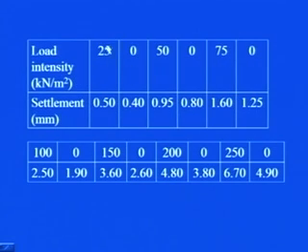You can see here that when the maximum loading intensity of 25 was there, the settlement obtained was 0.5 millimeter, and when the loading intensity was 0, the settlement was 0.4. That means the recovery, that is 0.1, the difference between the settlement corresponding to the maximum load intensity and the settlement corresponding to the loading intensity equal to 0, will give us the value of elastic settlement for that particular loading cycle.